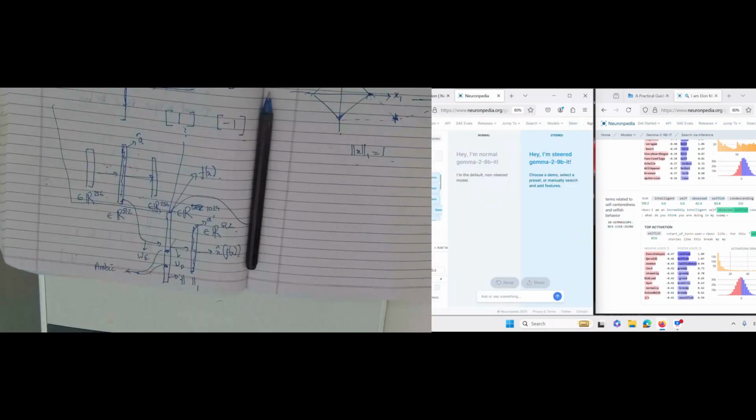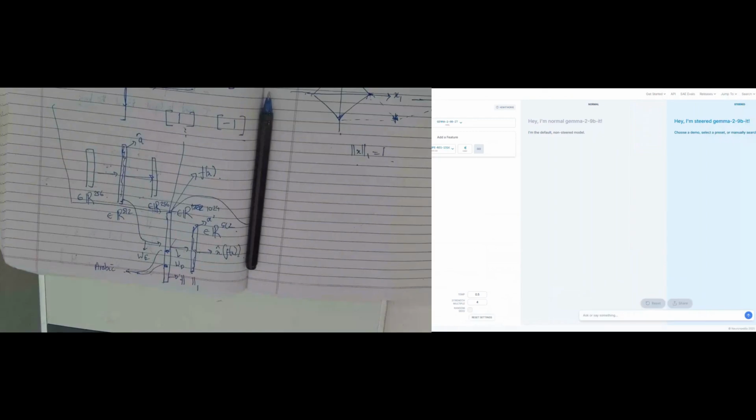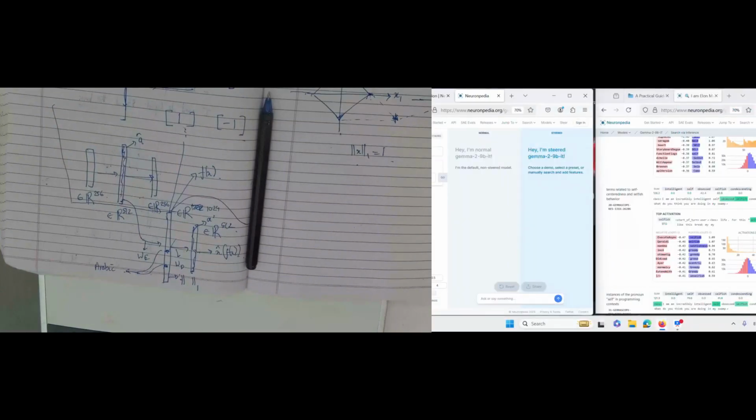We have Gemma 9B IT. I'm going to add a feature from res 131K, feature 26286. Oh wait, did I get it wrong? 9B IT.